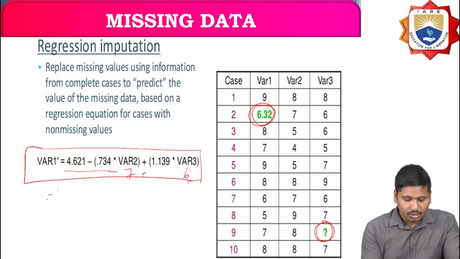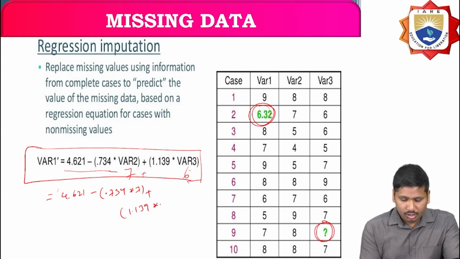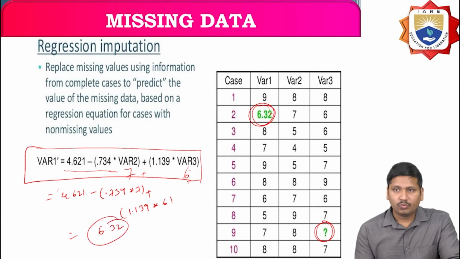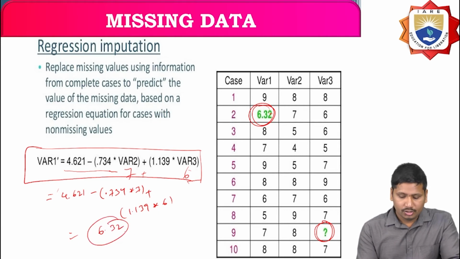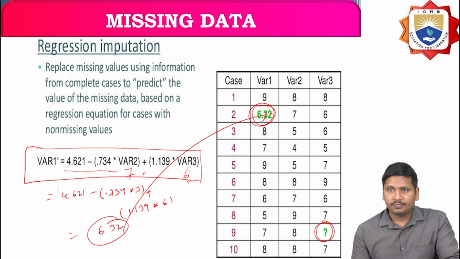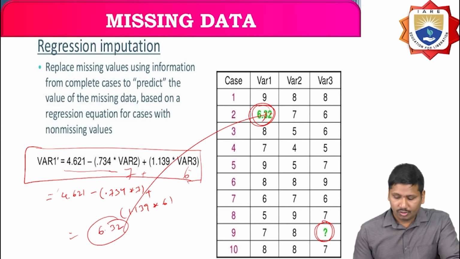So what am I getting? 4.621 minus 0.734 into 7 plus 1.139 into 6. Like this, I have to calculate the value. What I'm getting is 6.3. That value is going to be filled here. Like this, I have to fill the missing value based on the regression equation. This is the equation we're getting.